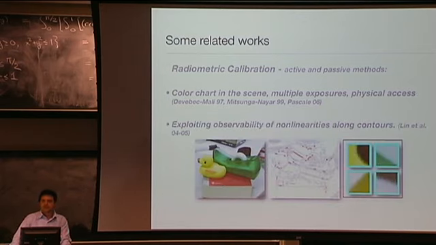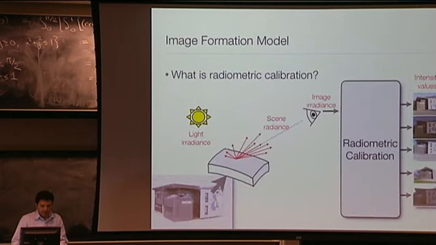And we can find also a second kind of methods that include those that exploit image analysis techniques to infer the radiometric response. For example, the work of Lin and his colleagues, 2004 and 2005, and they use specific regions of the image where color changes drastically to estimate the radiometric response. There are other works that also use noise distribution and probabilistic approaches for the same purpose.